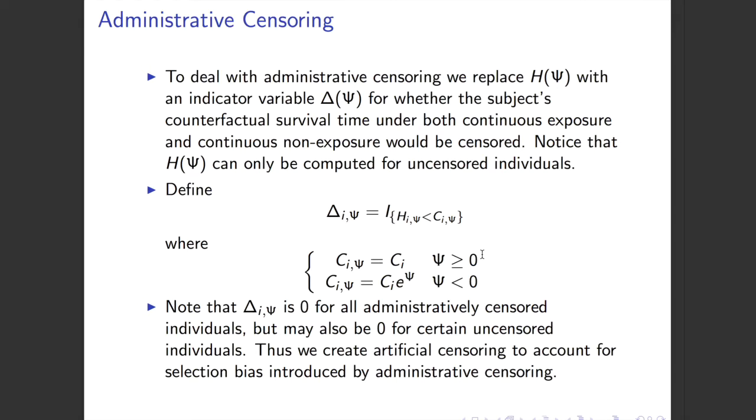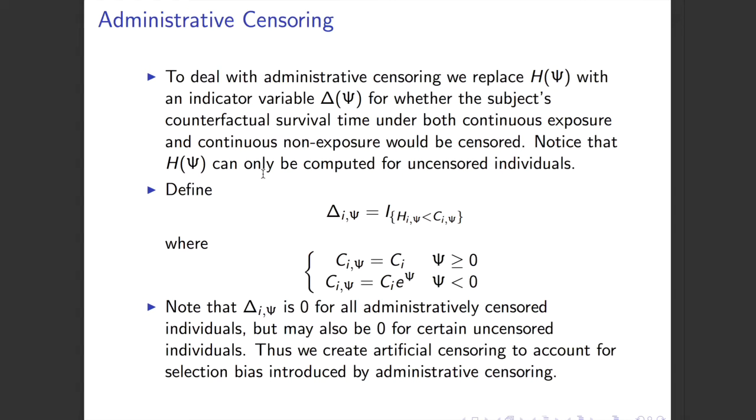But if treatment was helpful, then if we observed you when you were treated, we certainly would observe you when you were not treated, because you would only live a shorter amount. That's the basic idea. But you can figure out the math. It's not that difficult.